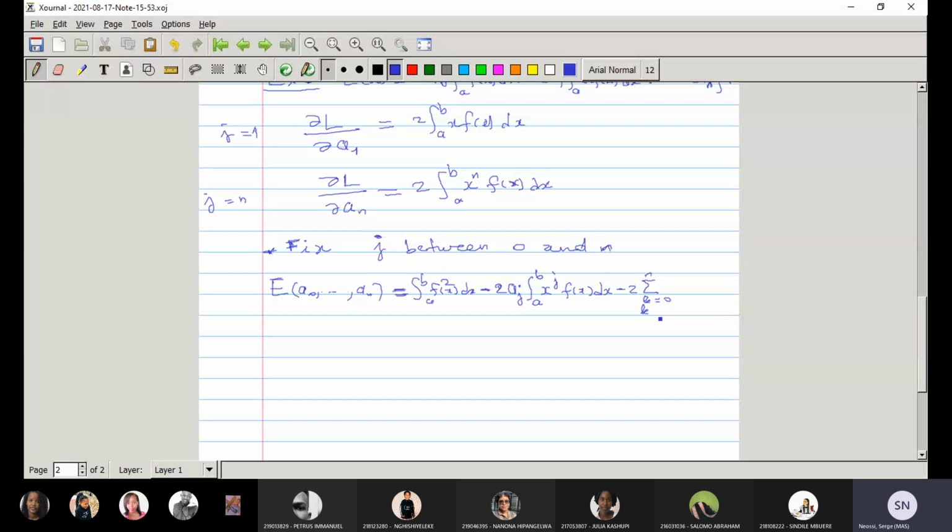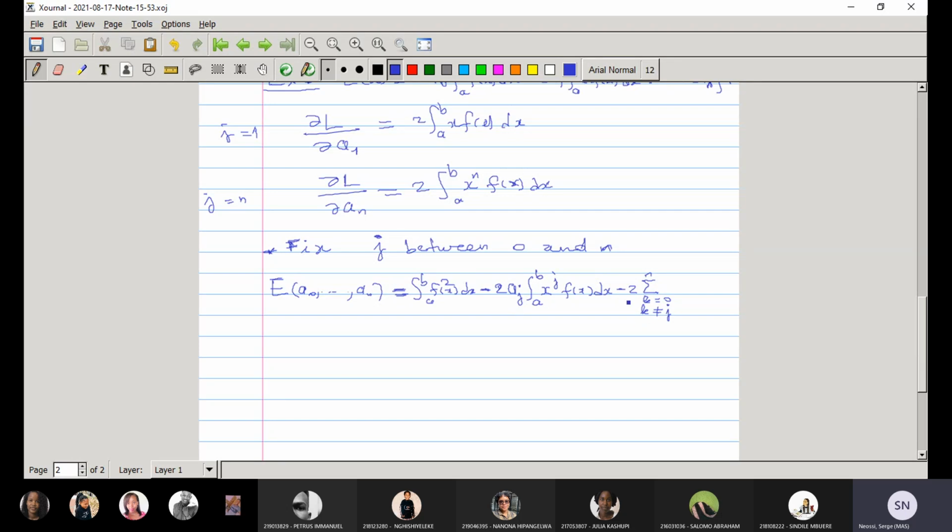So I will say k not equal to j. If there are, let's say, 10 terms in the summation, if I isolate aj, then in this summation we'll be left with 9 terms. So instead of n plus 1 terms, because we start from 0 to n, which is in total n plus 1, it will be only n terms because I will isolate the value k equal to j.